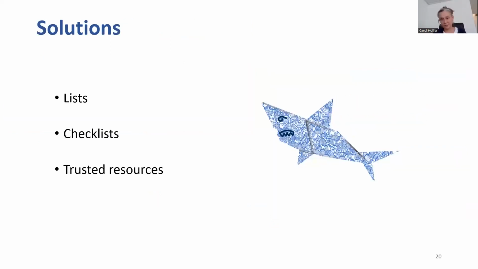So what are the solutions for us for trying to figure out how to not use predatory journal articles either in our research or to publish in those journals? So there's basically 3 different approaches. There are lists, like Beale's lists, and then there are also checklists. So looking at the characteristics of them and making a judgment. And then there's trusted resources. So we're going to look at all 3 of these options.